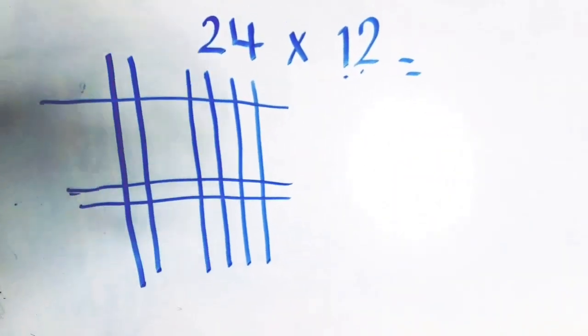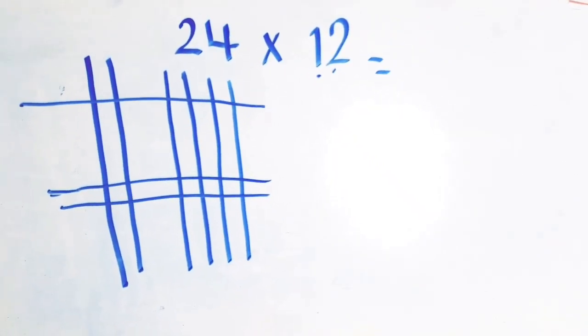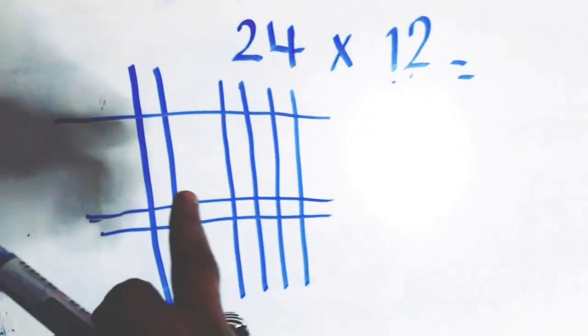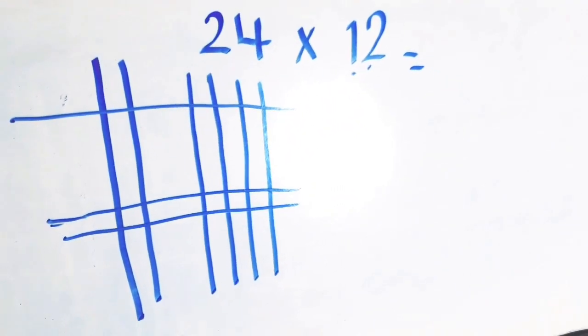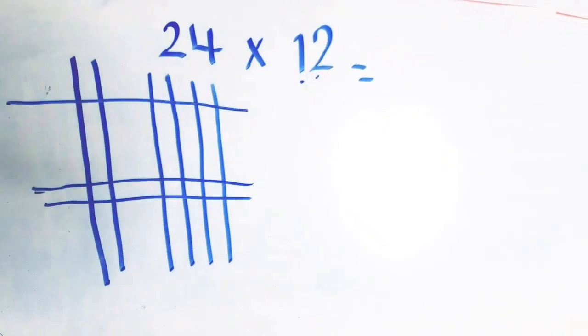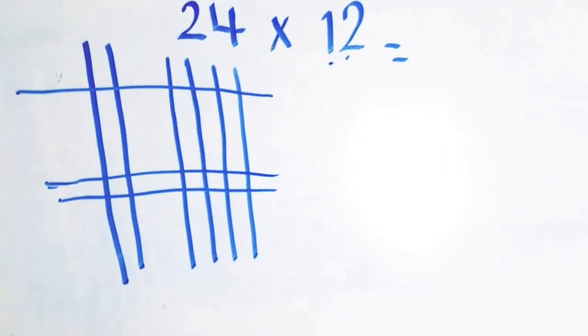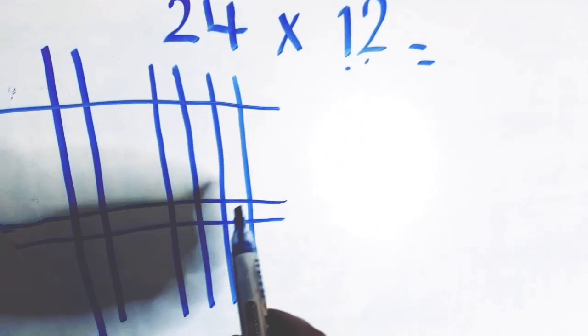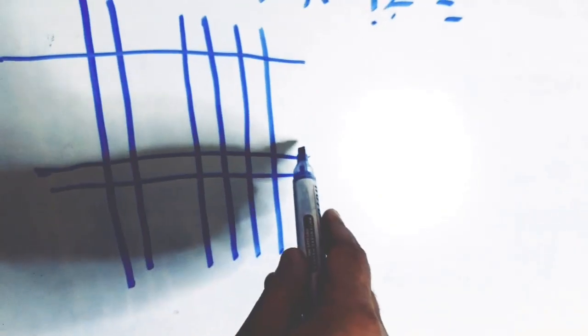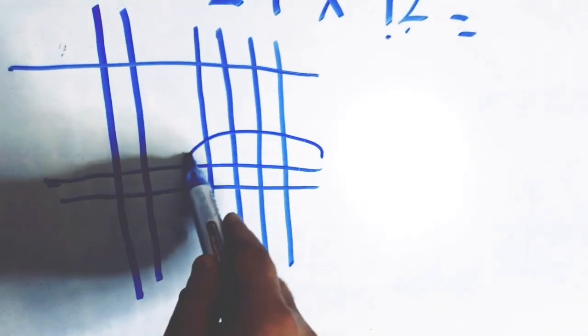After that, we must determine the intersectional zones. In this pattern, we have 3 zones. But from where we will start? We must start from here, from the right bottom side. We mark or circle it in this way.